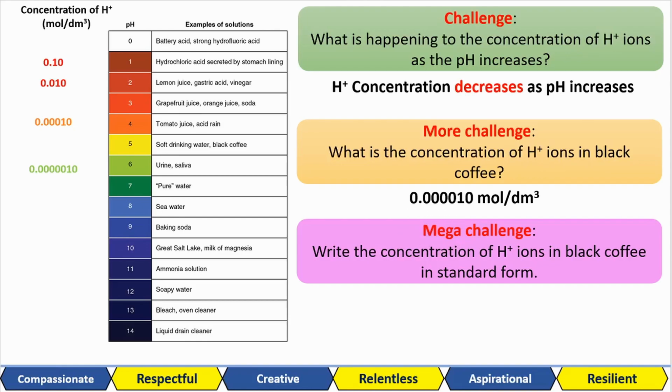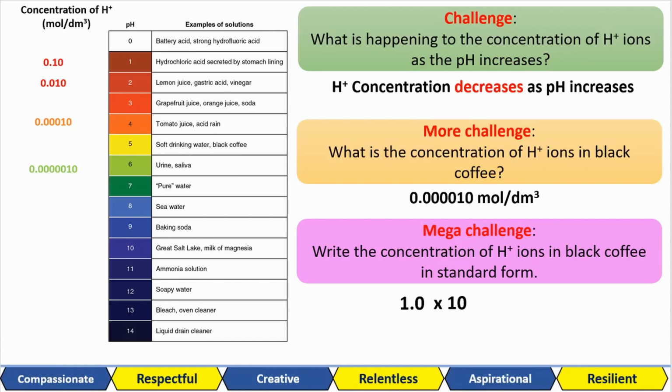To convert this into standard form, we need to first write the first and second significant numbers and separate them by the decimal point. In this case, that would be 1 and 0 to give us 1.0, okay? We always use base 10, so this next bit is always the same, times 10. It's always going to be times 10, especially in GCSE.